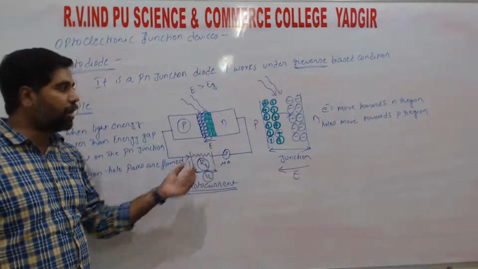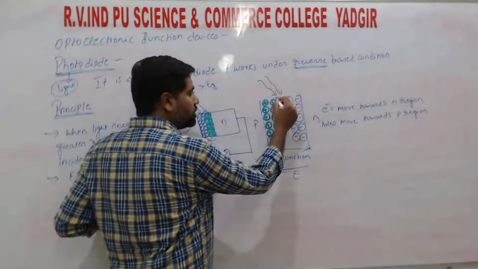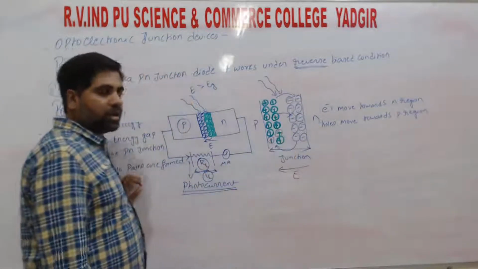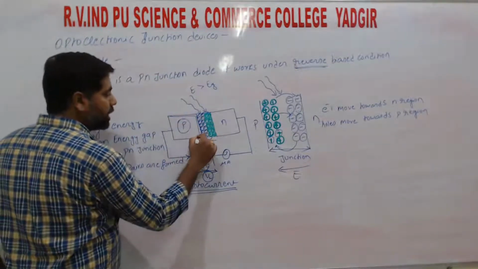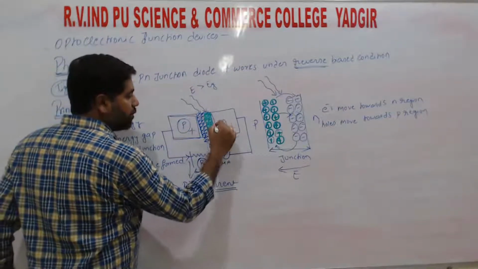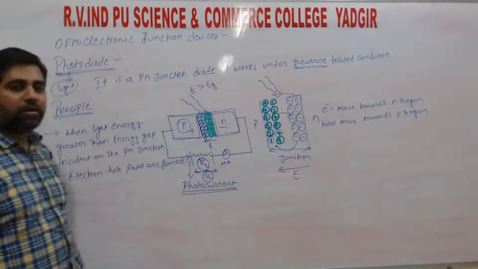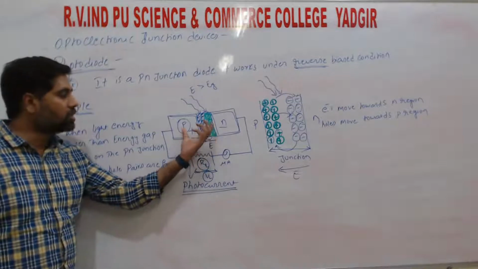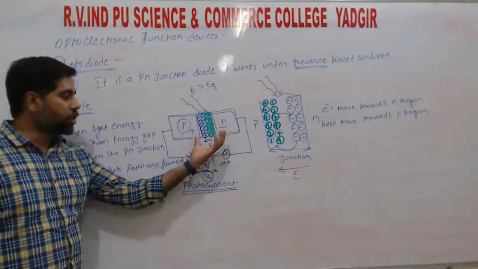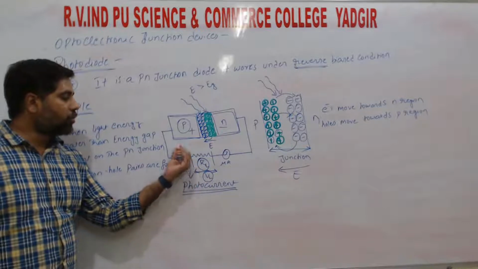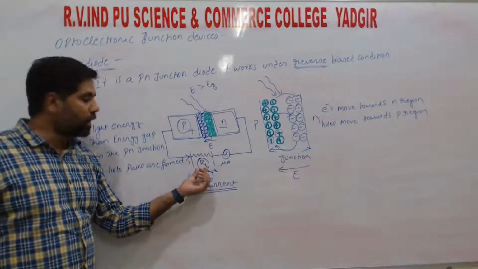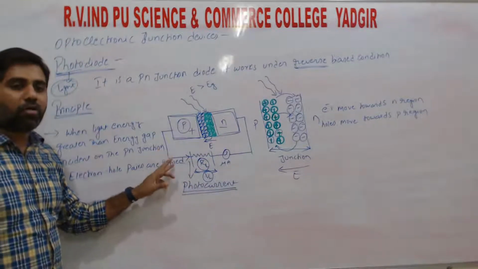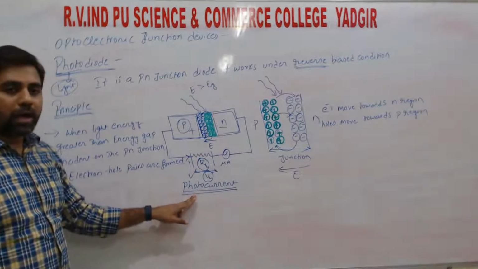Due to this electric field, electrons move towards the n region and positive charges towards the p region. When an external resistance is connected across the diode, we get current flowing in the external circuit and obtain voltage across this resistance. The current flowing in the external circuit we call photo current, right?